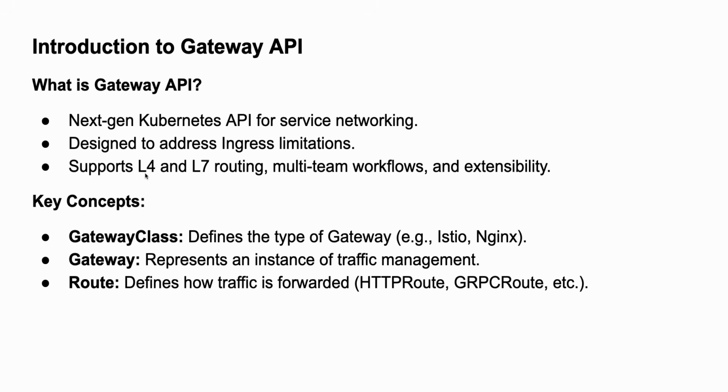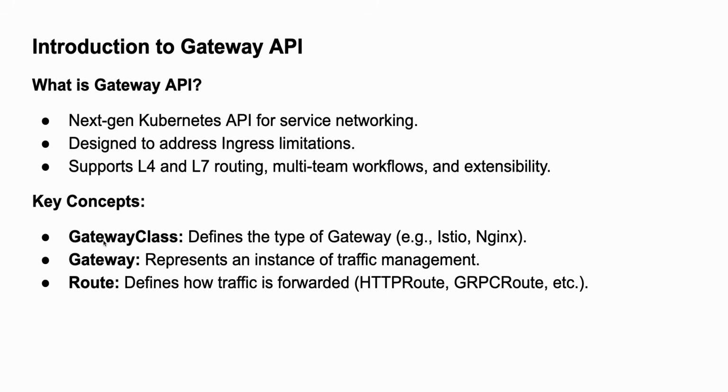It supports layer 4 and layer 7 routing, which are the network and application layers. Level 4, I think, is the transport layer. So transport layer as well as application layer routing, and it also supports multi-team workflow and extensibility. Okay, so this is a one-liner definition of Gateway API.